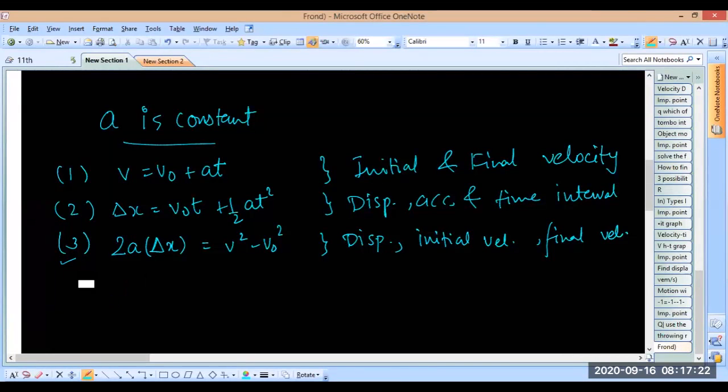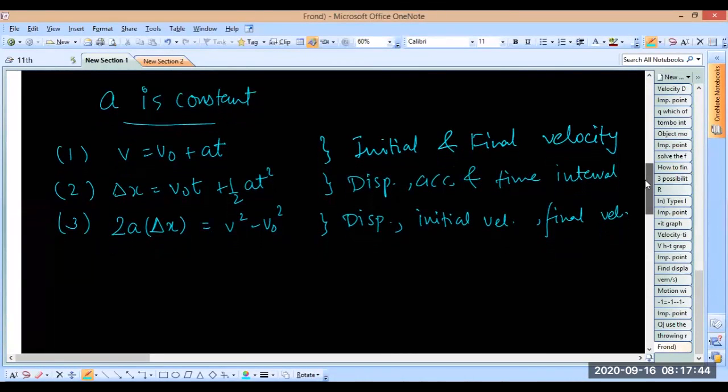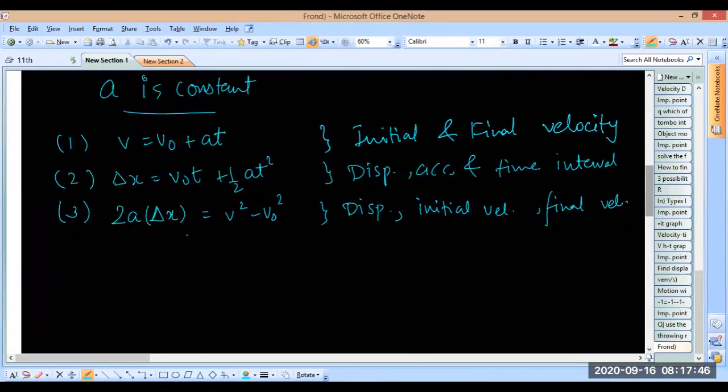Similarly, if you want to find displacement, then the first equation is useless because it is not giving you displacement. Based on the question, based on the situation mentioned, you'll have to use any of these equations to find out some quantity.